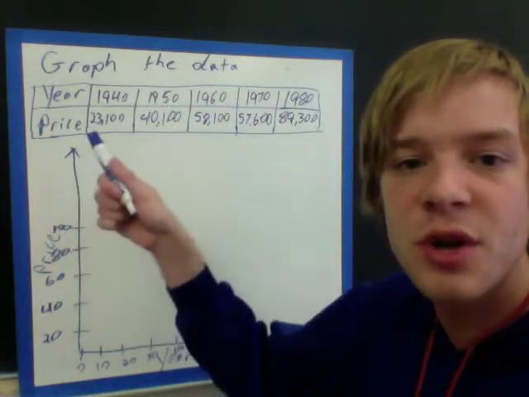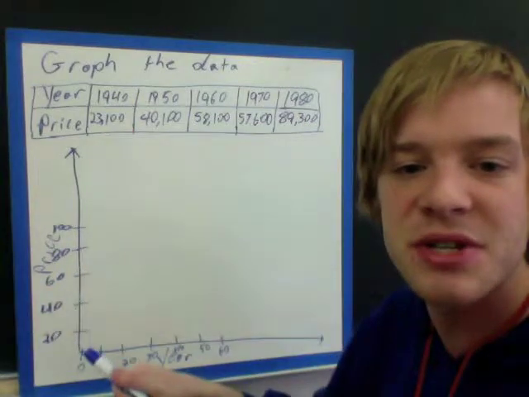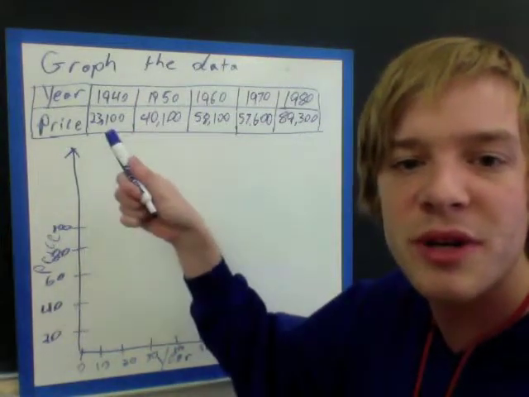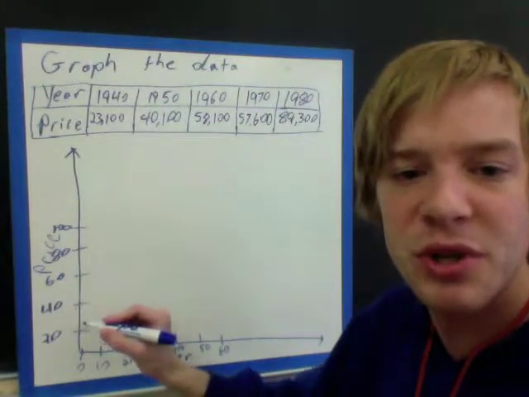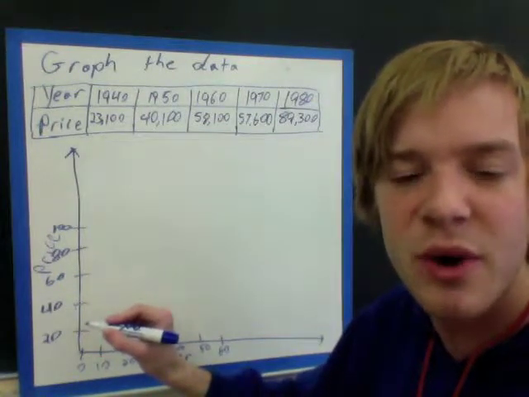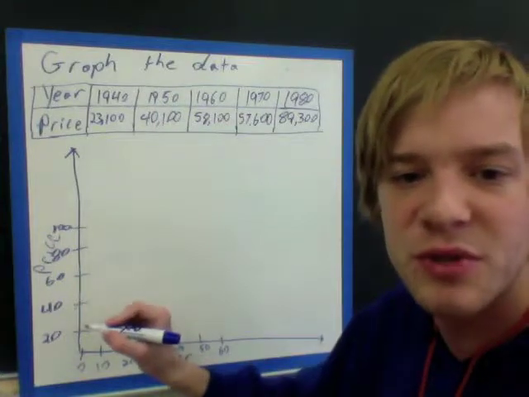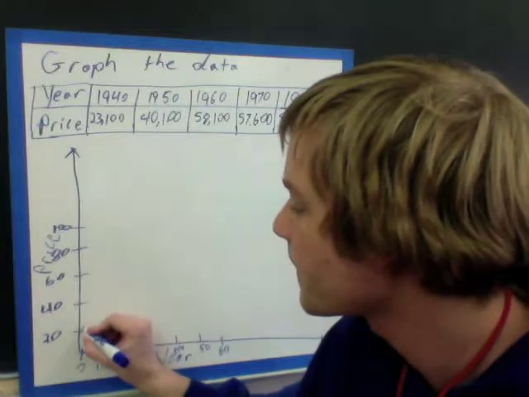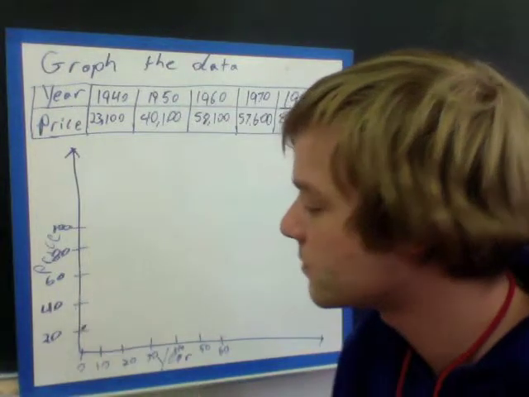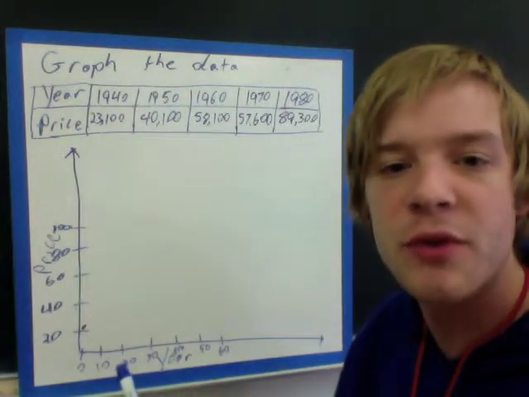So for starters, we've got 1940, which is going to be our 0 year here, with $23,100. I'm going to go here to the 0, and go up just a little bit above 20,000. Not quite up to 40,000, just a little bit above the 20,000, and I'm going to mark a point just right there. Then I'm going to go over to 1950.